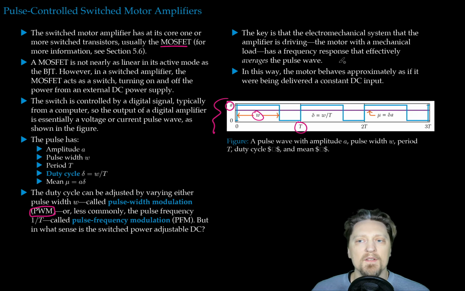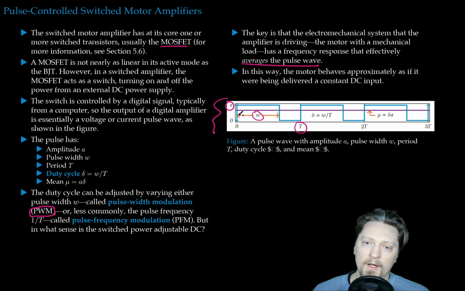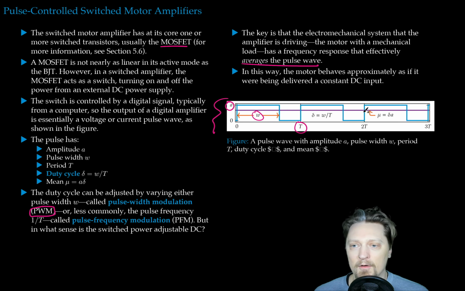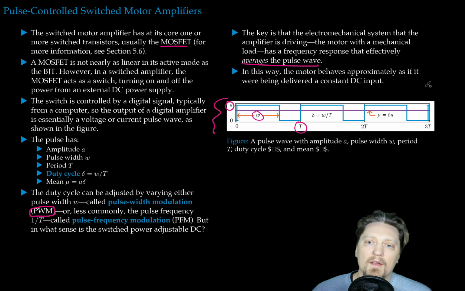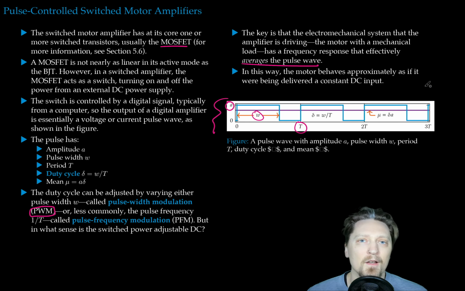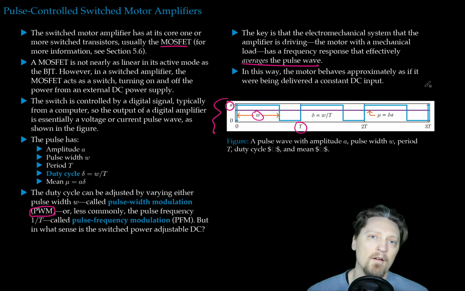The key is that the electromechanical system that the amplifier is driving, the motor with a mechanical load, has a frequency response that effectively averages the pulse wave, okay? So even though we're putting in the blue line, the mean value, the purple line, delta times A, is approximately the effect that we have.